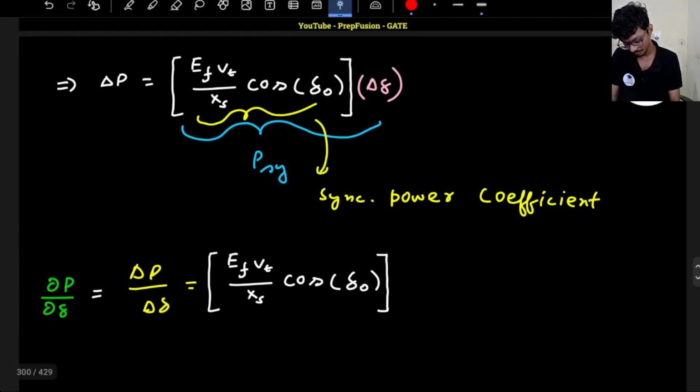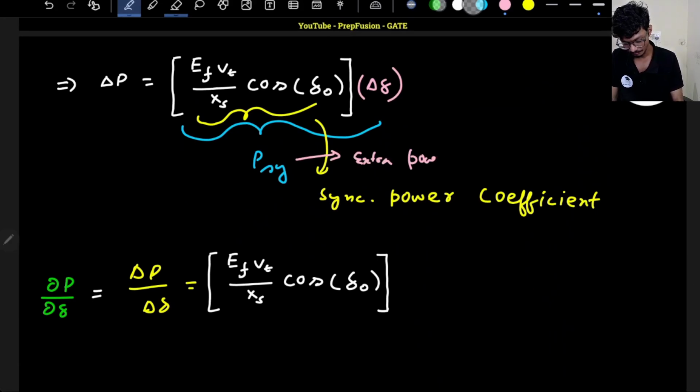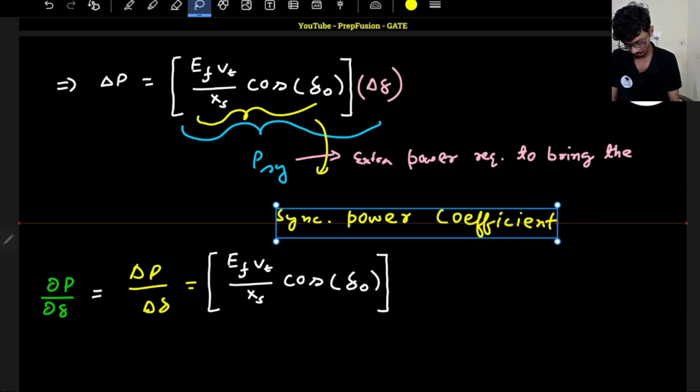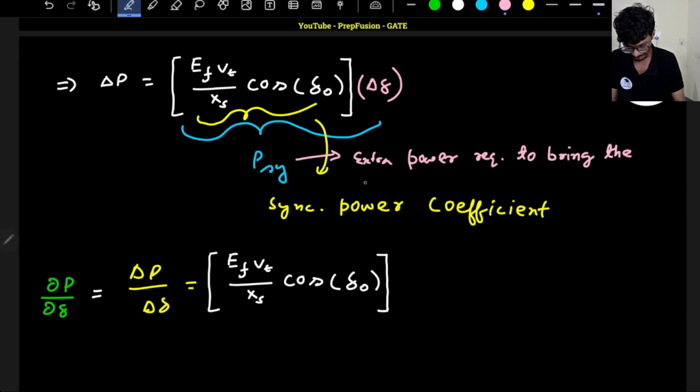So this is the synchronizing power, that is the extra power required to bring the machine back in synchronism.